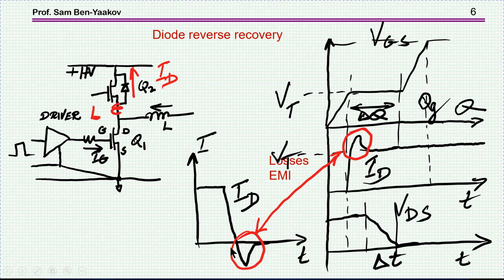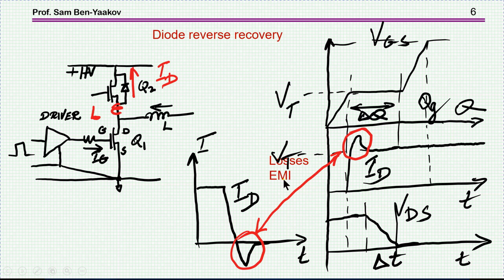Now, as it turns out, the magnitude of this peak is a function of the rate at which this goes down. The faster we go down, the higher will be the peak. So therefore, we would like to slow down the turn on, which is, of course, slowing down the switch, but still avoiding the high reverse current of the reverse recovery.